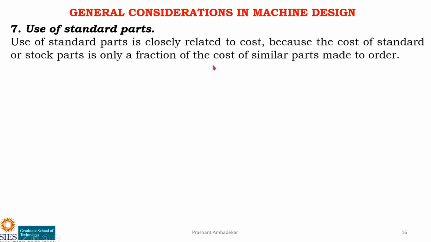Because standard parts are easily available in the market and can be fitted as they are. But if you design a product in such a way that everywhere you are putting some tolerance or other, then it will be difficult for manufacturing as well as for maintenance purposes. So as far as possible, you should use standard parts.